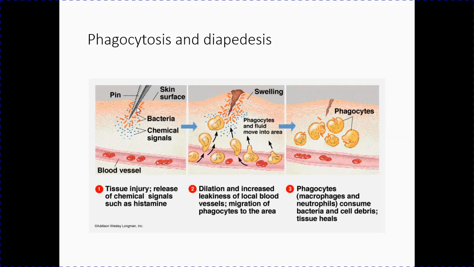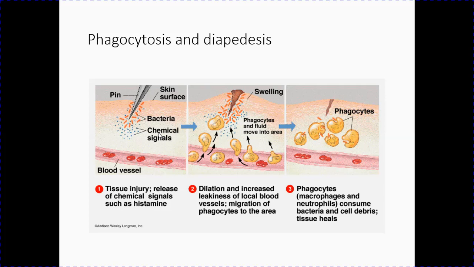And as the excess fluid from the widening of the vasculature comes, the excess fluid leaves the blood vessel and goes out into the tissues, and that's where you get that swelling in the tissues.